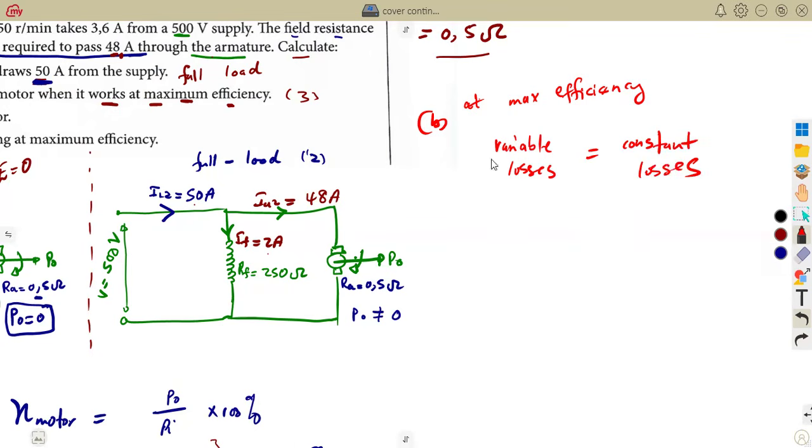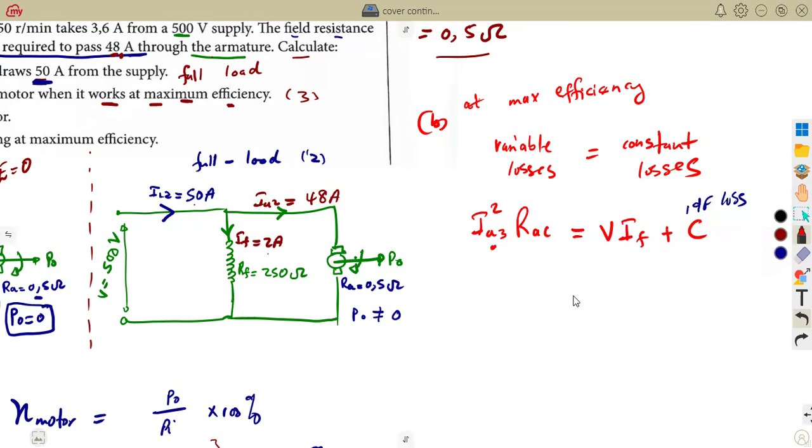And we ended up with a formula because the variable losses, guys, we know those are the ones that are taken from the armature circuit. So you're going to use the armature circuit consideration. Then the constant losses, those are the ones that you're going to combine the part of the shunt and those iron, friction and windage losses. So it's going to be V times I_F, the shunt field, and also the iron, friction and windage losses. Okay, so we need this one.